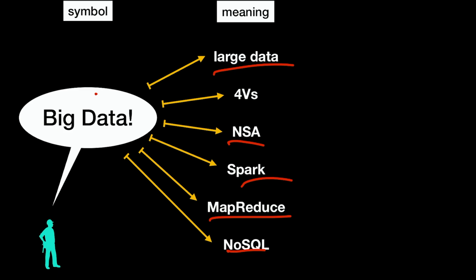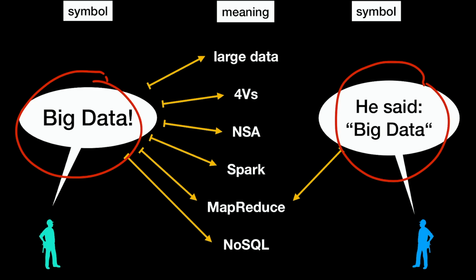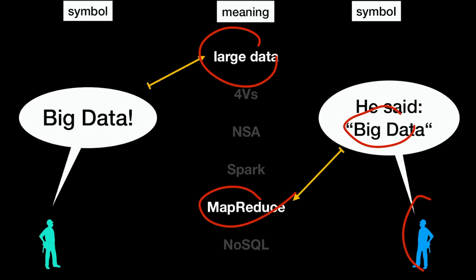It's not clear how it is defined, because if you're in a conversation with someone else, so person one says big data and the other person hears big data, that person may have a different interpretation of what big data actually means. That person may have the interpretation that big data for me actually means MapReduce. However, if for this person big data means large data, and for that person big data means MapReduce, then you have a translation error.